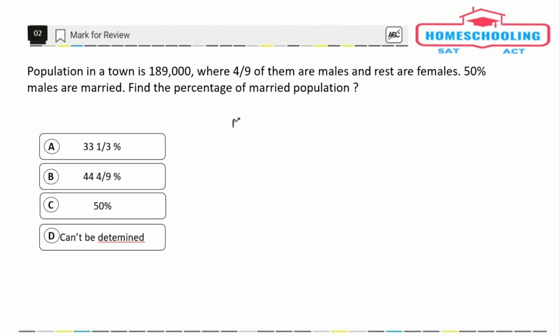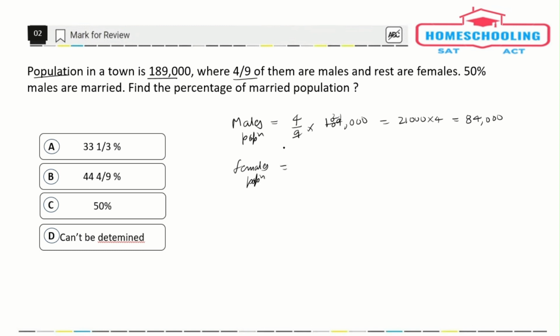As given in the question, 4 by 9 are males, and the total population is 189,000. So the male population would be 4 by 9 into 189,000, which is 21,000 into 4, that is equal to 84,000.